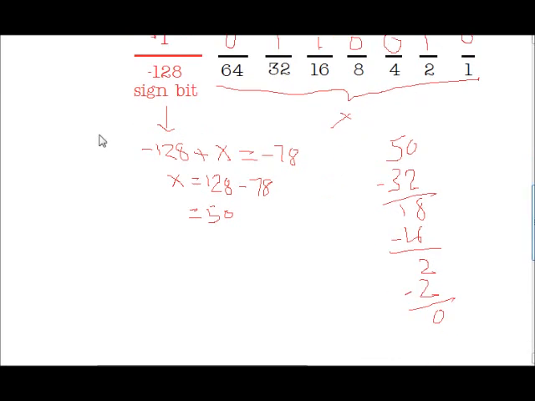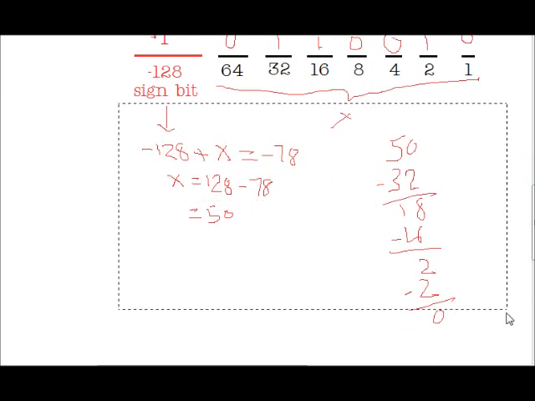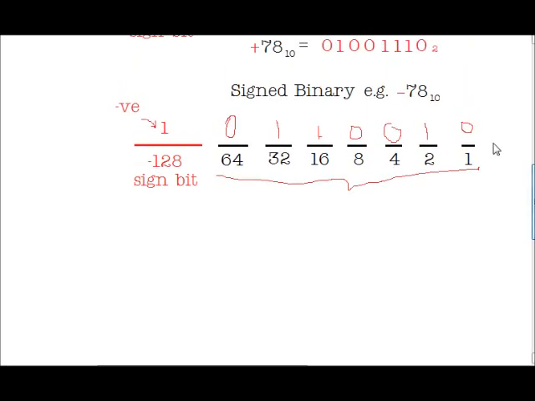So your minus 78 base 10 is equal to 1 0 1 1 0 0 1 0 in base 2.